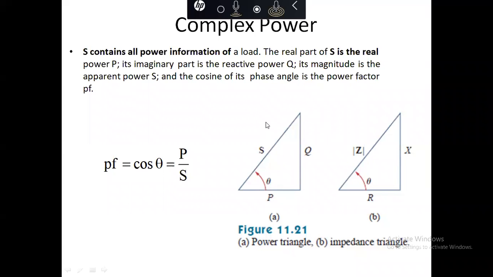So the difference is that the complex power is just the representation of the real and reactive power. If we represent the real and reactive power in terms of P plus JQ, it is the complex power, and if we take it as a P and Q quantity, that is the apparent power.